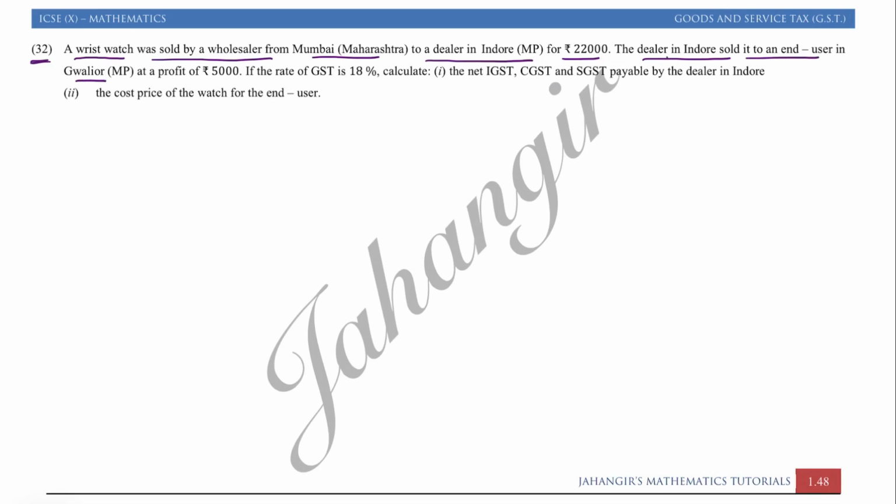It's the same type. The dealer had bought from Maharashtra and sold within his own state, from MP to MP. So while paying, he will pay IGST for input and he will collect CGST and SGST as output tax. So here we will adjust in the same way.